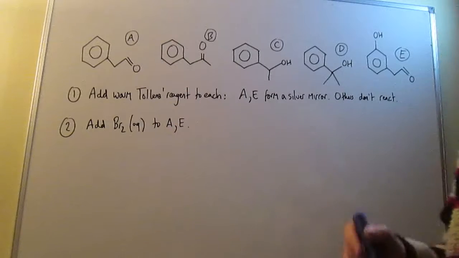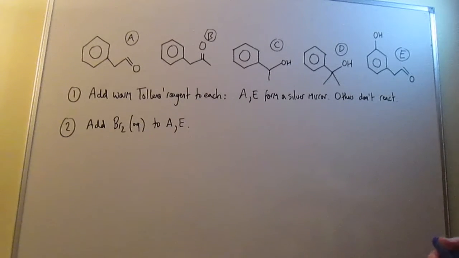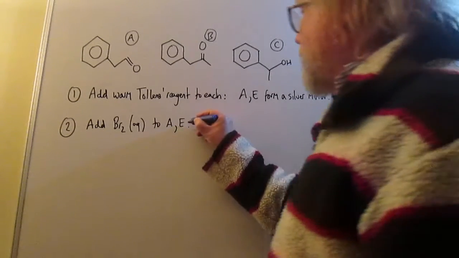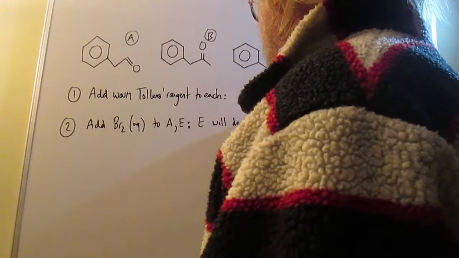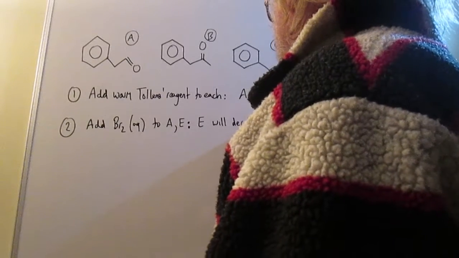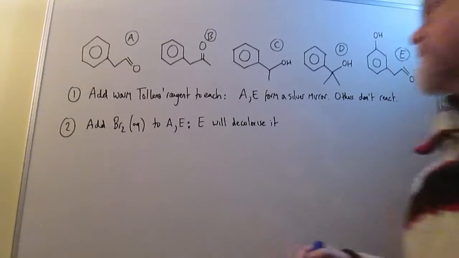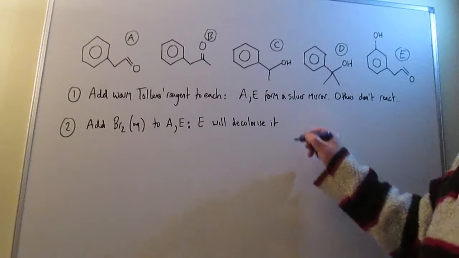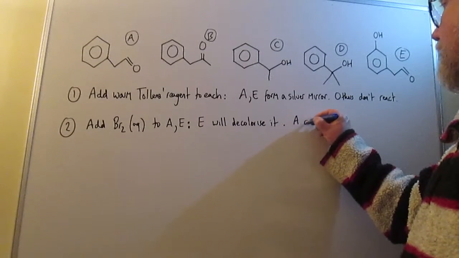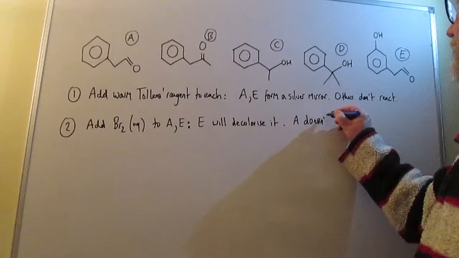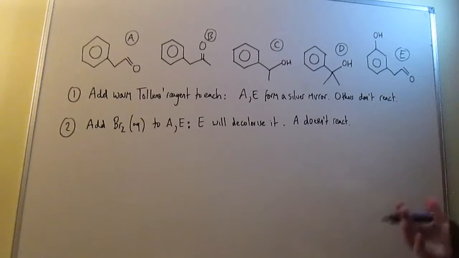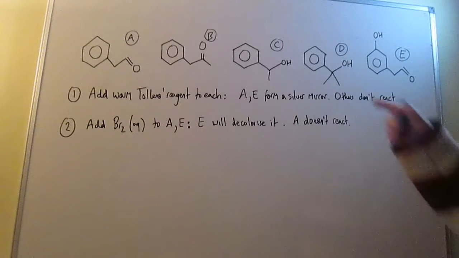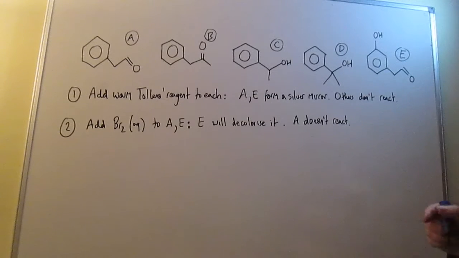So make it clear that it's just to A and E that we're going to do this test, and the answer then is that E will decolorize it, or change it from orange to colourless if you prefer. A doesn't react. So at that point we have identified A and we've identified E, because we narrowed it down to those 2 and we now know which one is which.